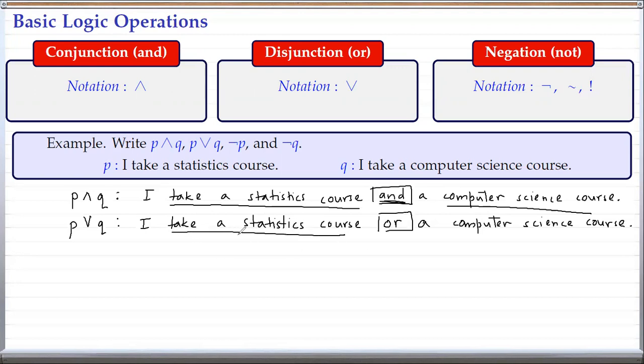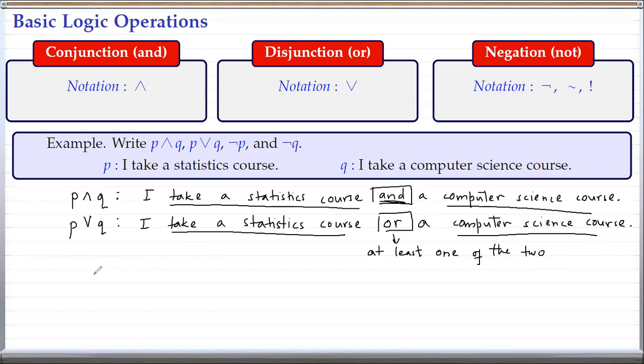You could be taking just a statistics course, just a computer science course, or both of them. So when you say or, it means at least one of the two. As long as at least one of the two statements is satisfied, then we have or.